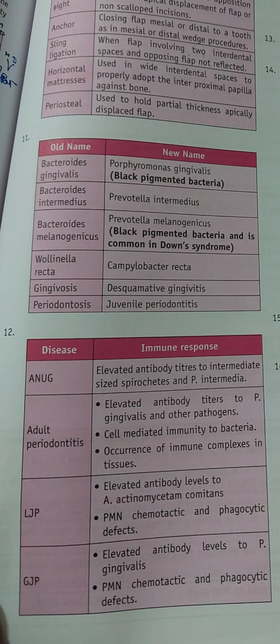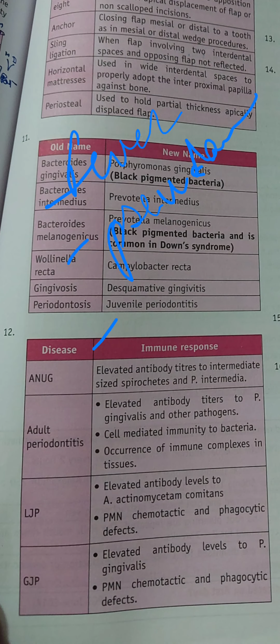So let's get started. Talking about ANUG, that is acute necrotizing ulcerative gingivitis. It's a gingivitis condition. Let me tell you some of the general features. In ANUG you can always find some fever, and you can also see some lesions as well as vesicles having pseudomembranes.